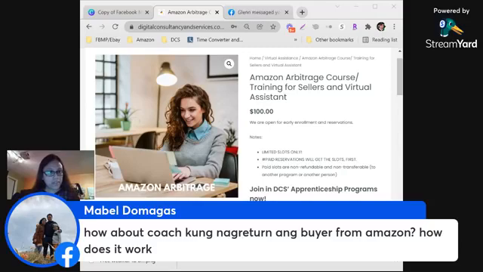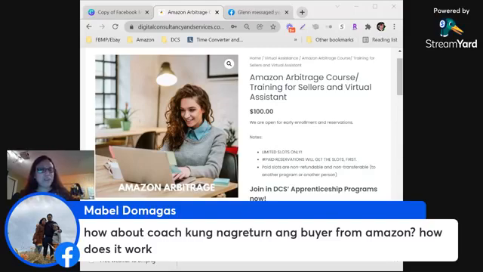How about when a buyer returns an item from Amazon, how does it work? For returns, Amazon will ask you to set up your return address. If you are a seller, you need to set up your return address. I know Mabel is from Canada. So for example, Mabel, I'm your prep center.